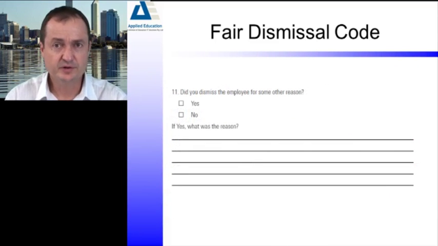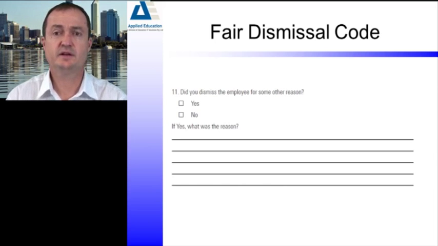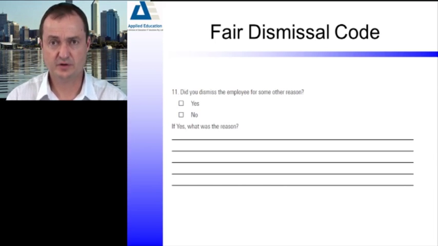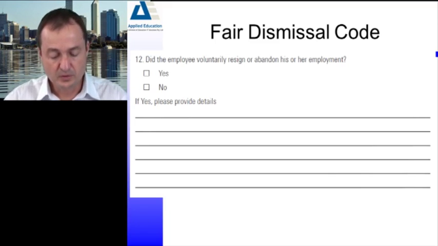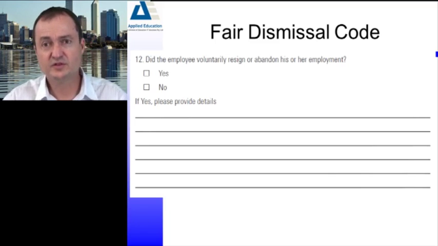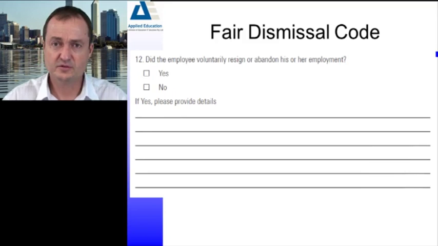If there was another reason for dismissal, that reason would also need to be clearly documented as part of the code. The employee may also just voluntarily resign, or they may abandon their employment. But bear in mind that under the Fair Work Act, by law you must record the date of termination, the reason for that termination, and also the name of the person who acted on that termination.